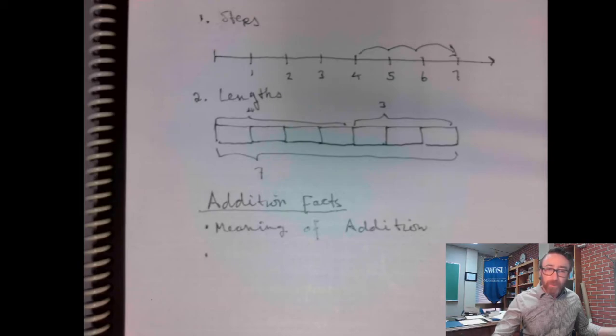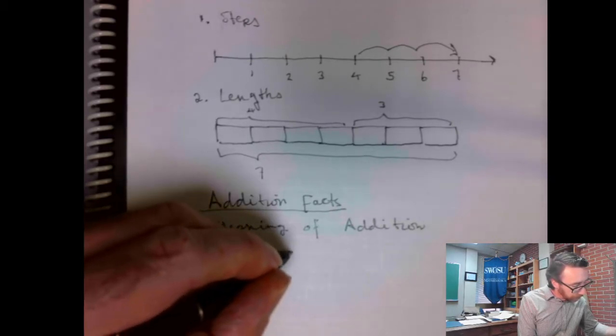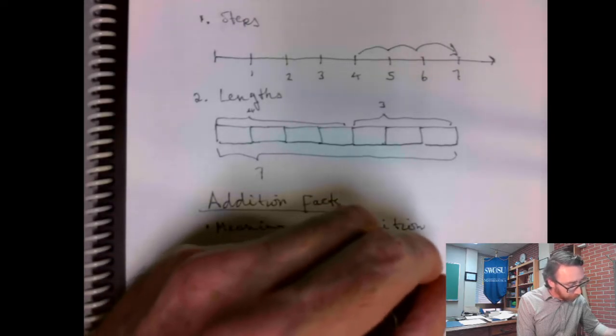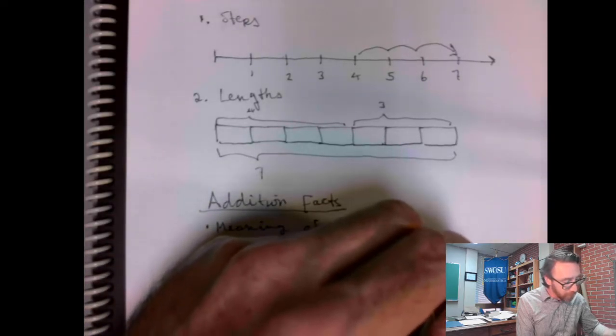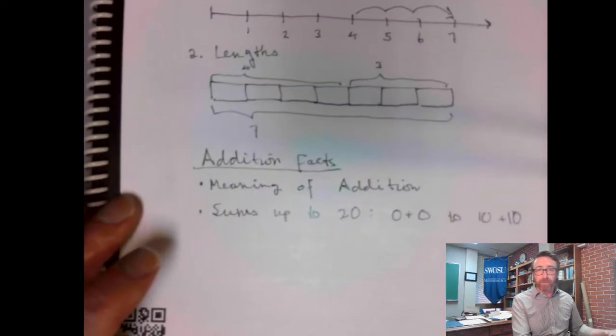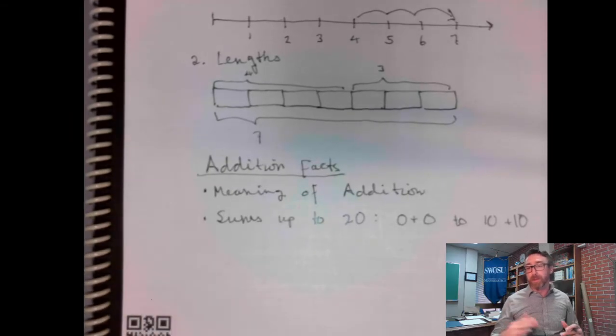And they would need to know sums within 20. So in other words, basically from 0 plus 0 up to 10 plus 10. They would eventually need to have that stuff basically memorized by the time they're getting into 2nd grade and starting to learn the algorithm.